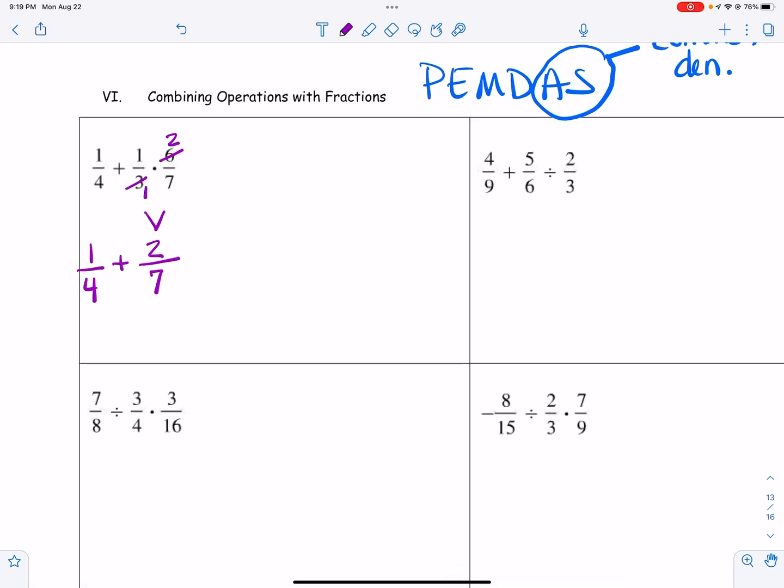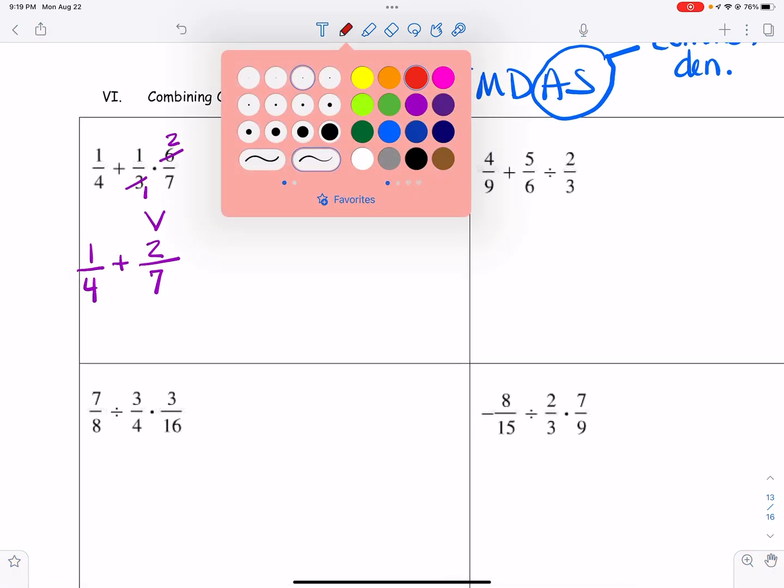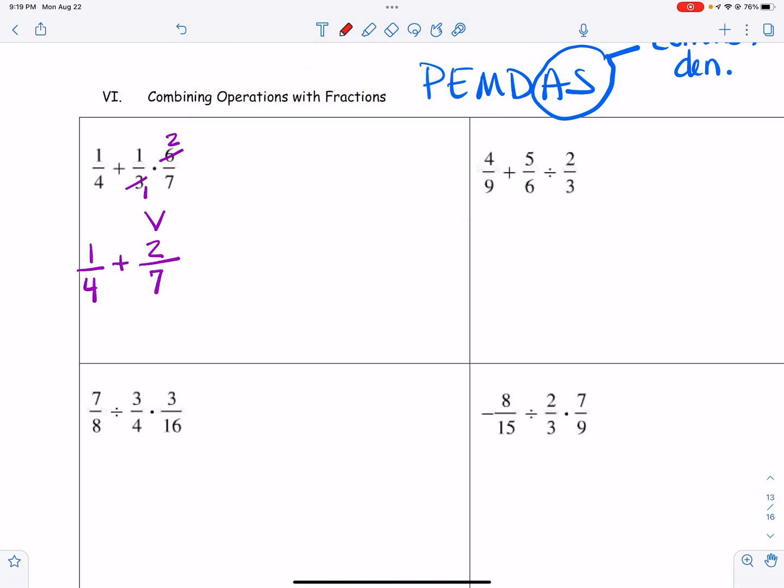So now I'm adding, and I must get a common denominator, which my LCD is going to be 28. So I multiply 7 by 7 to the 1/4, and 4 over 4 to the 2/7.